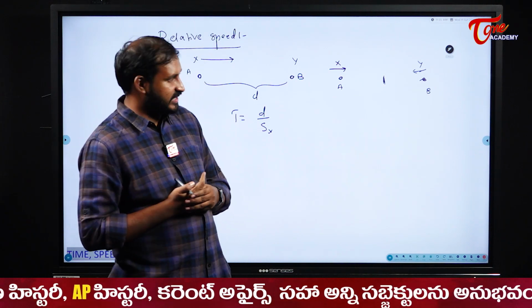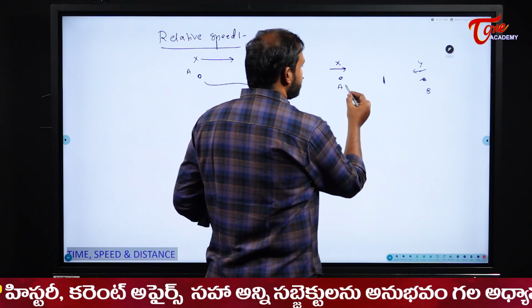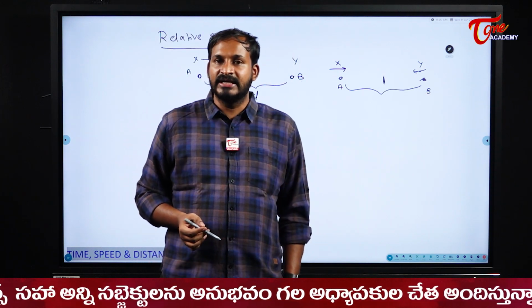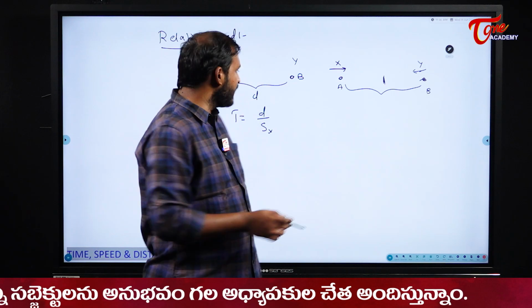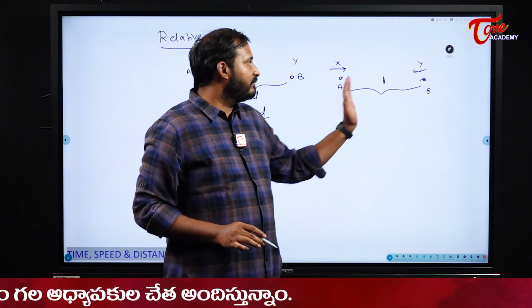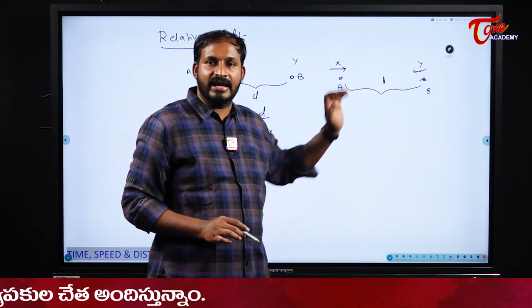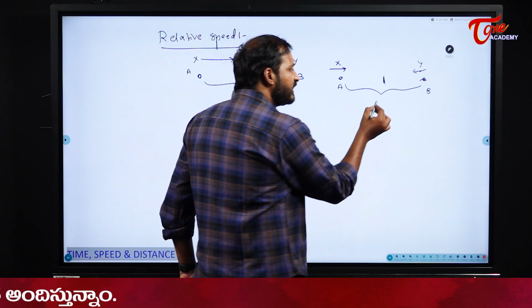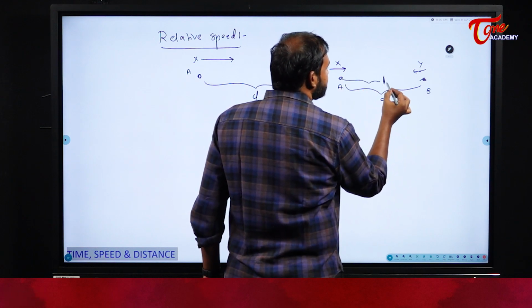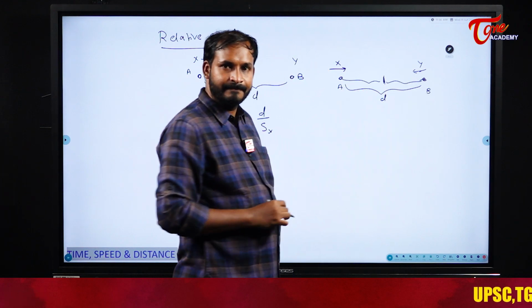Sir, in these cases, will the distance covered be the same? Here X is traveling the entire distance D, but here X will travel some distance and Y will travel some distance. Assume the total distance is D, then the distance travelled by X and Y will add up to D only.